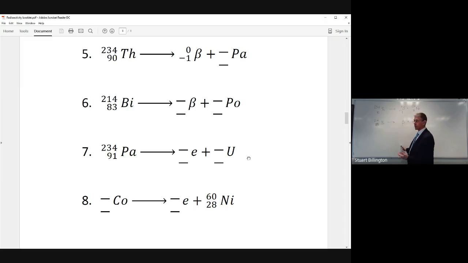My top tip for the others, like the alpha particle, remember beta is always 0 minus 1. So you can just go right down the page, writing 0 minus 1s in. And again, you can call it a beta particle if you want, or you can call it an electron if you want. We called it beta when we didn't know what it was, and we call it electron now that we do know what it is. So you can use beta or E. It's completely up to you.